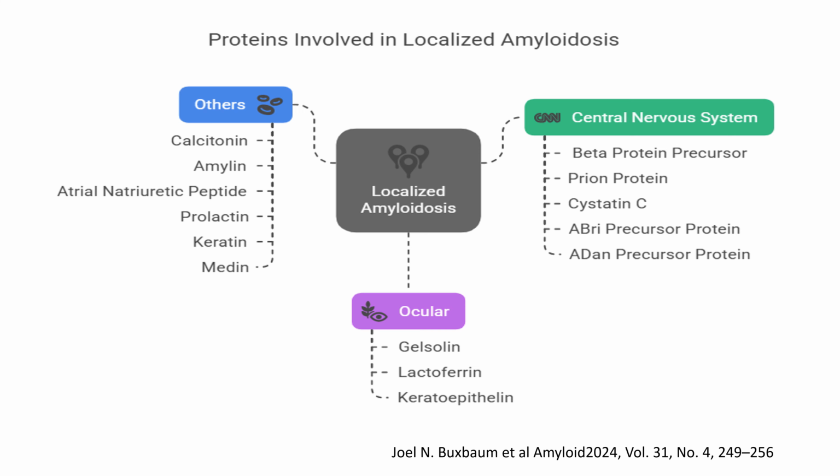Other localizations: calcitonin can affect medullary thyroid cancer, amylin affects pancreatic beta cells in type 2 diabetes, prolactin in hypothalamic tumors. The bladder can be affected, the skin with keratin, and medin in blood vessels. Amyloidosis.